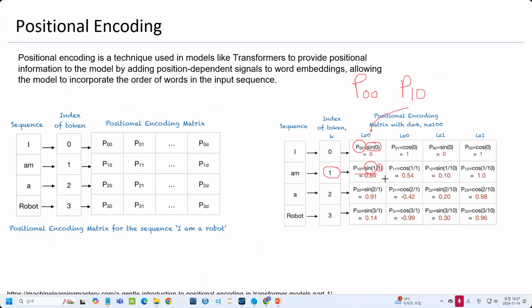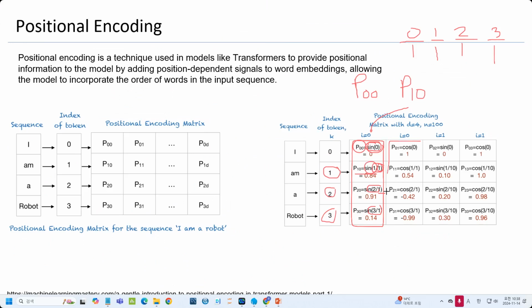So sine 0 divided by 1 is 0, then 1 divided by 1, then index 2 and index 3 in the first iteration. Then we have i equals 0 for the first part of the positional encoding matrix.